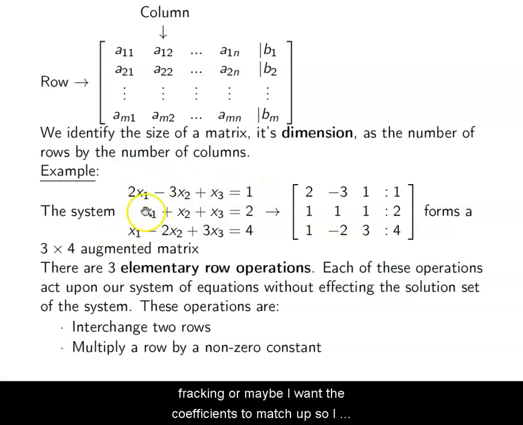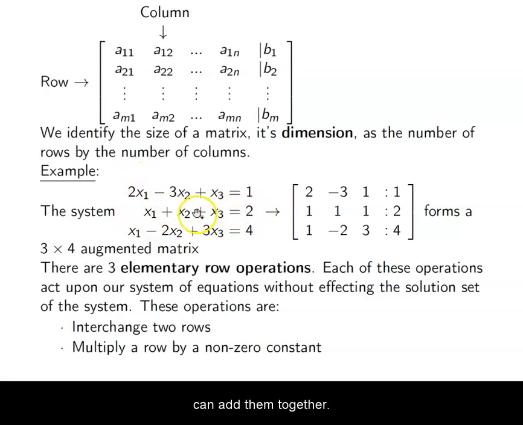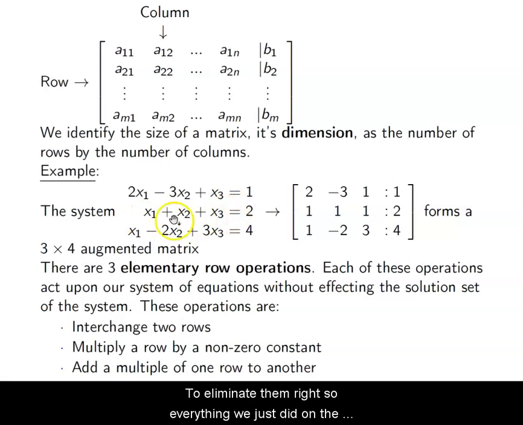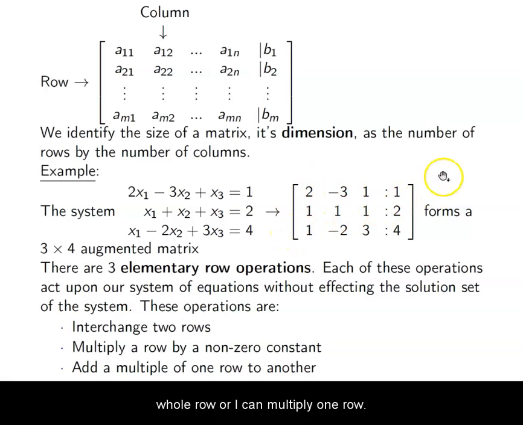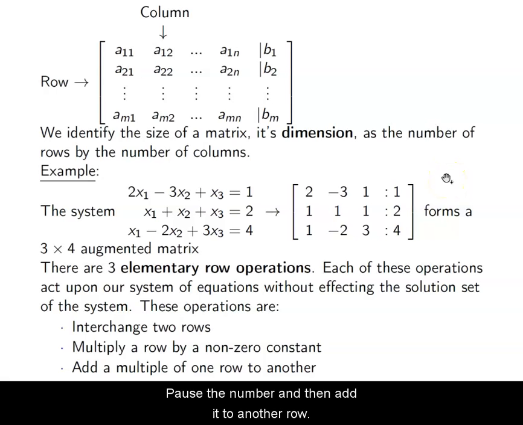Or maybe I want the coefficients to match up so I can add them together, okay, to eliminate them, right? So everything we just did in the last section, we're doing now, but instead of doing it to the system of equations, we're going to do it to a matrix, so really just to their numbers. So I can swap rows, I can multiply a whole row, or I can multiply 1 row times a number and then add it to another row.